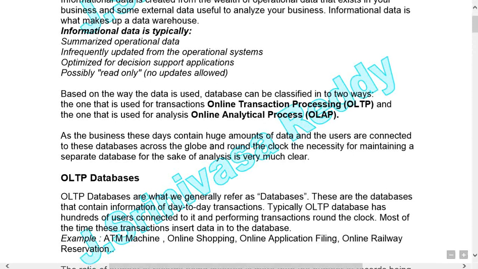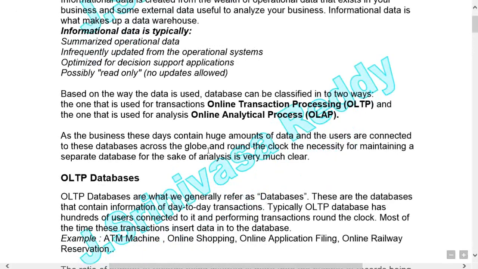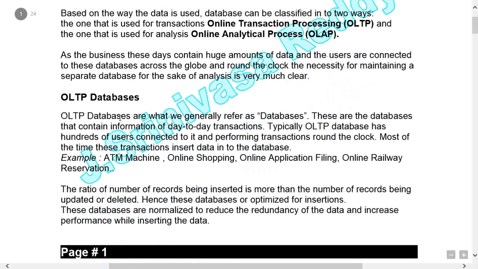That analytical data is used for analyzing the business, right? Since the purpose is different, we maintain separate databases for the operational purpose and for the analytical purpose. The data might be similar, but the format of the data, the data organization and the purpose of using the data is different.